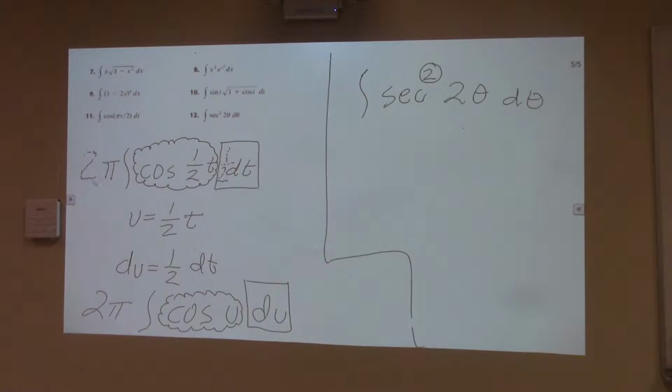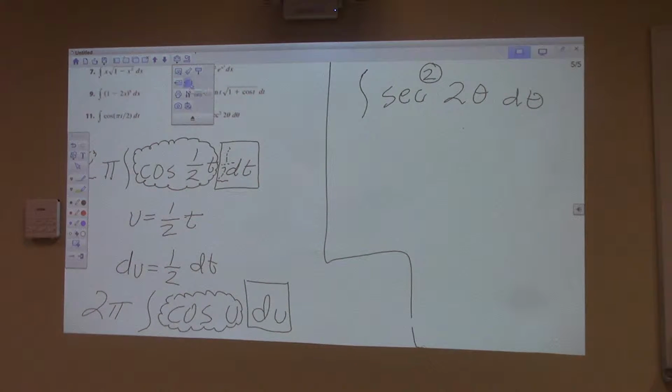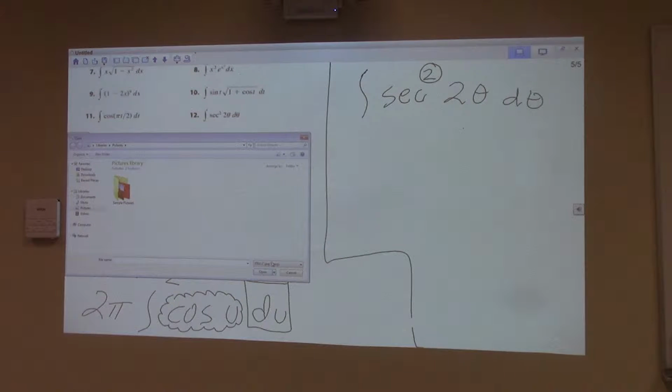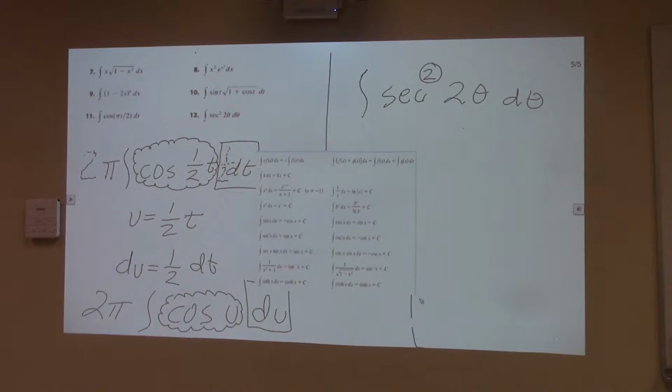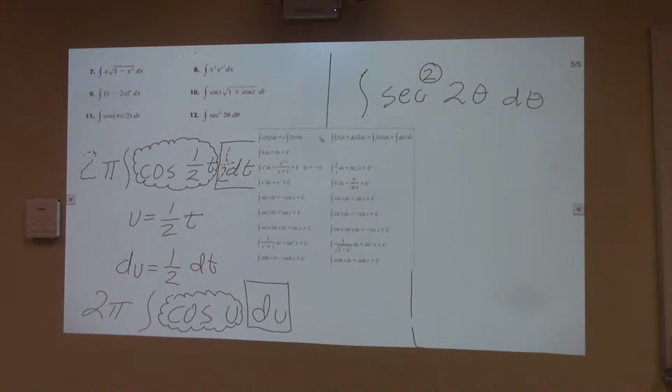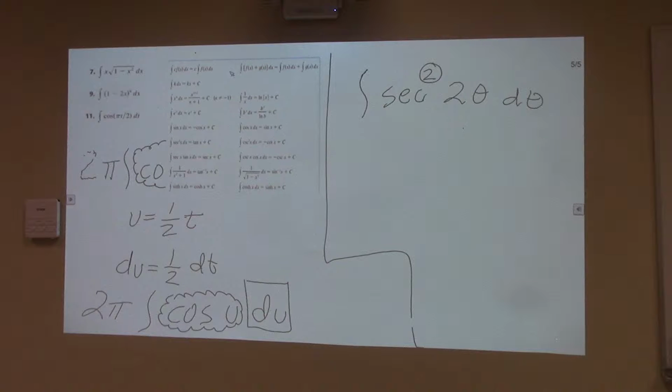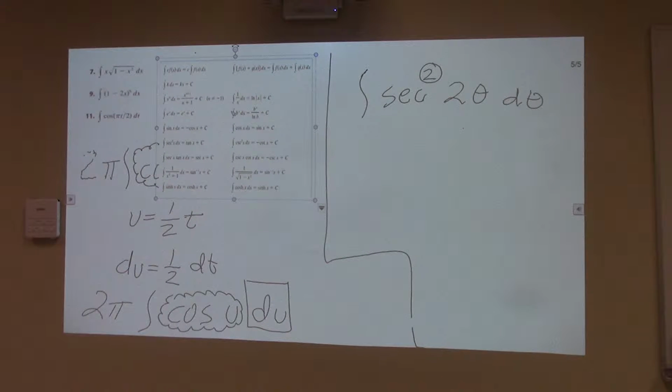Let me pull it up right quick since y'all are all failures. I hope it's in here. What's the antiderivative of secant squared? Tangent. Is there any way you can use tangent?